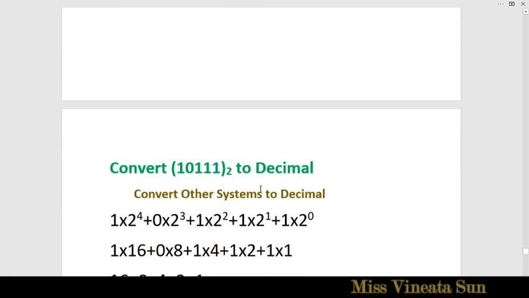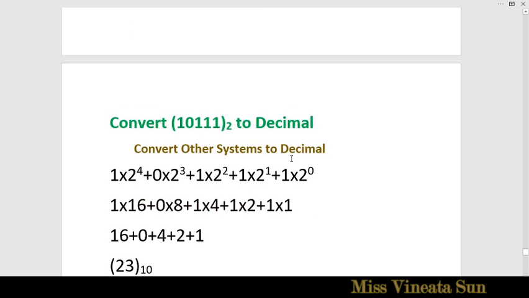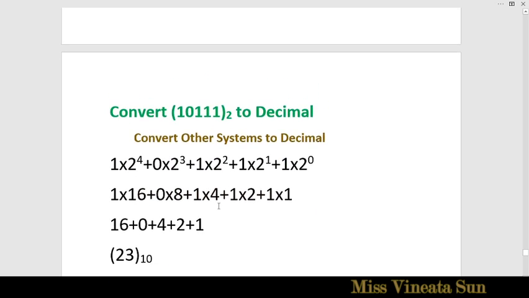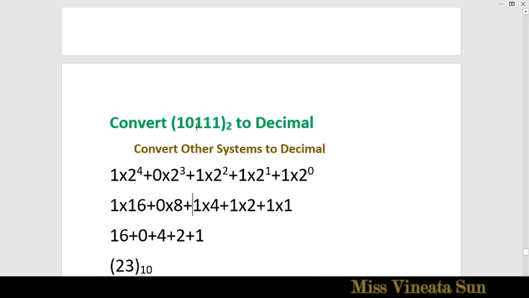Now coming to other system to decimal, the fractional part, we will use the same method of converting other system to decimal, like the non-fractional part in this way. This is not a fractional number, we have to convert it to decimal. We use this method, where we have 0 1 2 3 4.